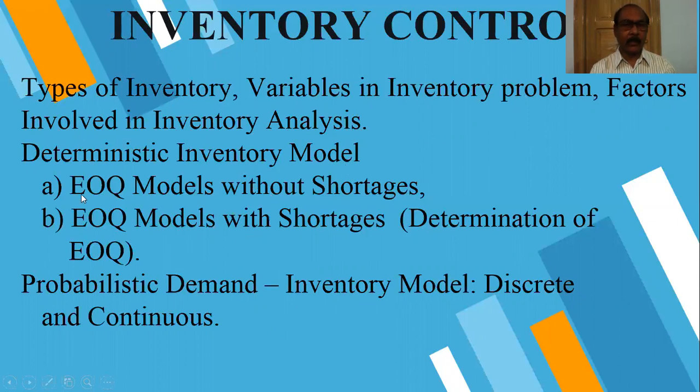Under the deterministic model, there are two models. In one model we consider without shortage. Shortage means that when the production is going on, whatever materials we need during the production, there is never a shortage.